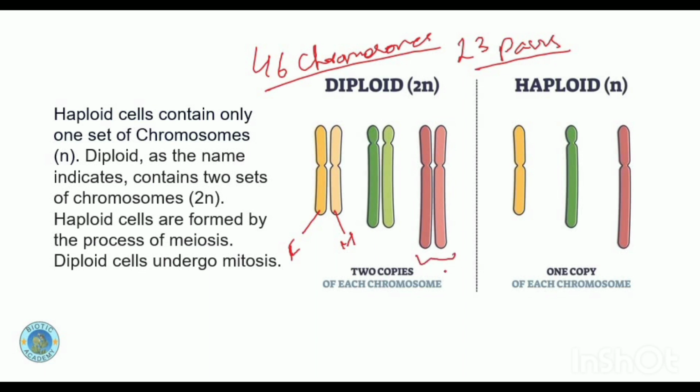They are called homologous chromosomes because apparently they look similar to each other, and their length is similar. So all the 46 chromosomes in human diploid cells are arranged in pairs, 23 pairs, each pair having one chromosome from the father and one from the mother.